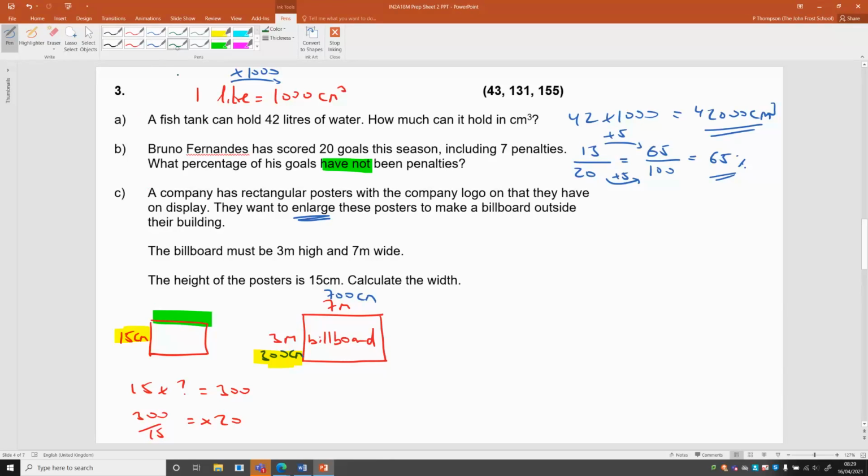The billboard's 20 times bigger than the poster, so that'd be times by 20. Now, if I'm working backwards to this one, you would divide by 20. So 700 divided by 20. If you want, you can swap a 0, and you get 35 centimeters. So just watch for the change of units, and it's quite easy.